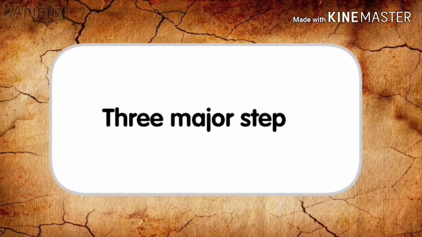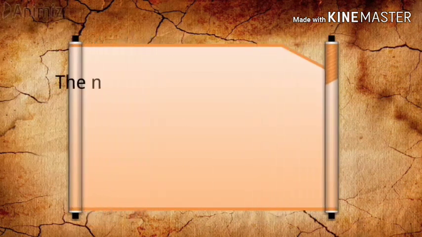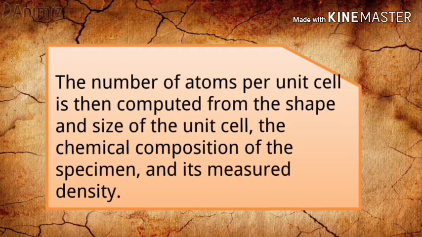Cubic crystal structure determinations proceed in three major steps. First step is the shape and size of the unit cell are deduced from the angular position of the diffraction lines. Second step is the number of atoms per unit cell is then computed from the shape and size of the unit cell, the chemical composition of the specimen, and its measured density.